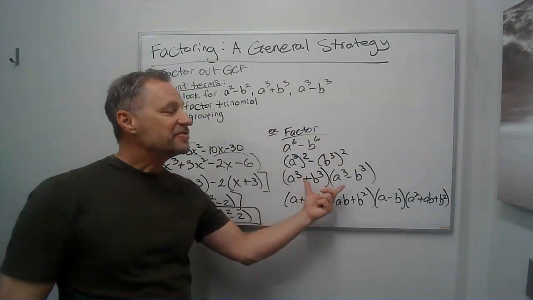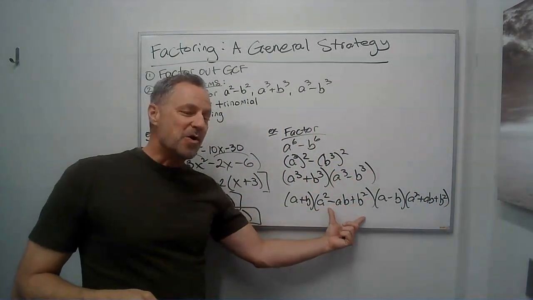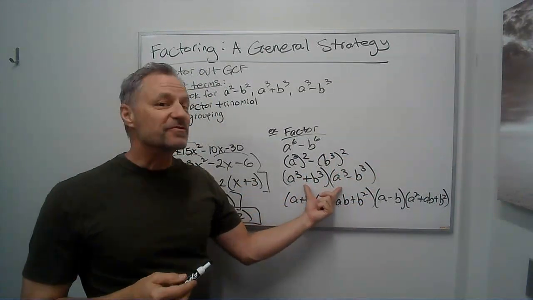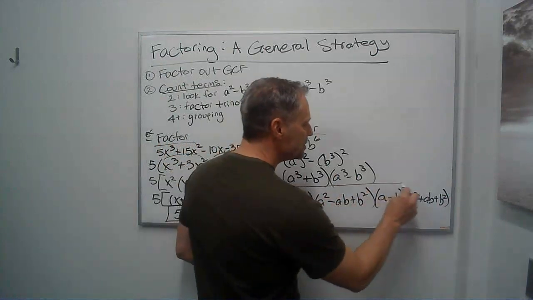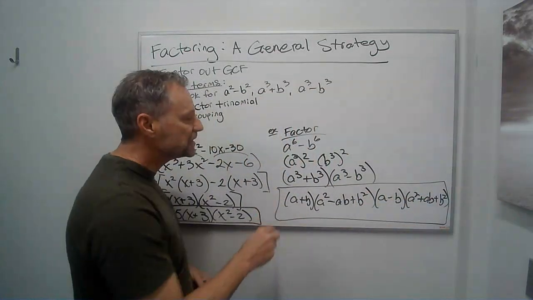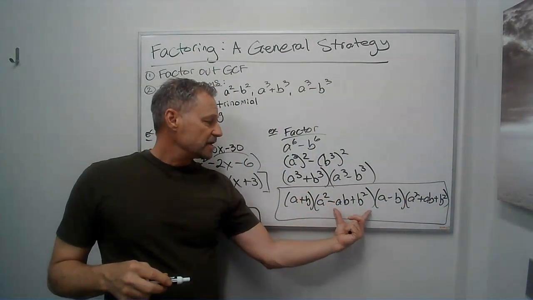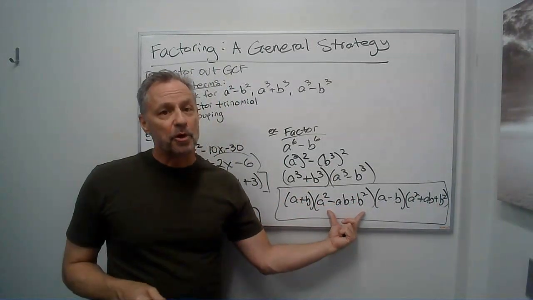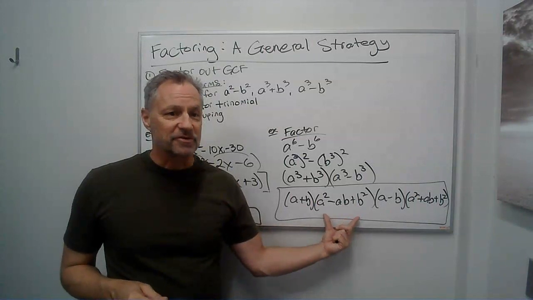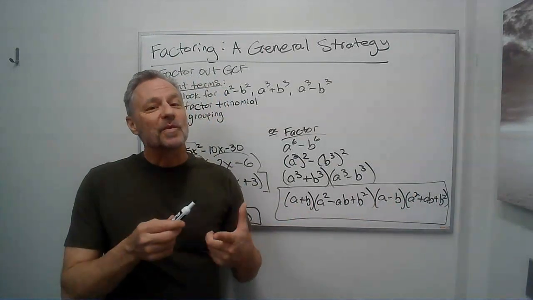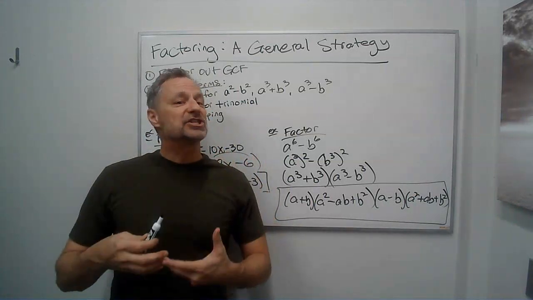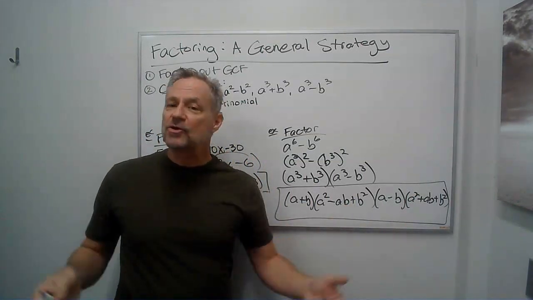All right, if you're having trouble on this one, go to my video where I talk about factoring the sum and difference of cubes. I think that'll help you out. That is completely factored if there's no greatest common factor in these. This trinomial is always prime from the sum of cubes or the difference of cubes. All right, so anyway, try this out, practice it. It's just a general strategy for factoring whatever you need to factor.